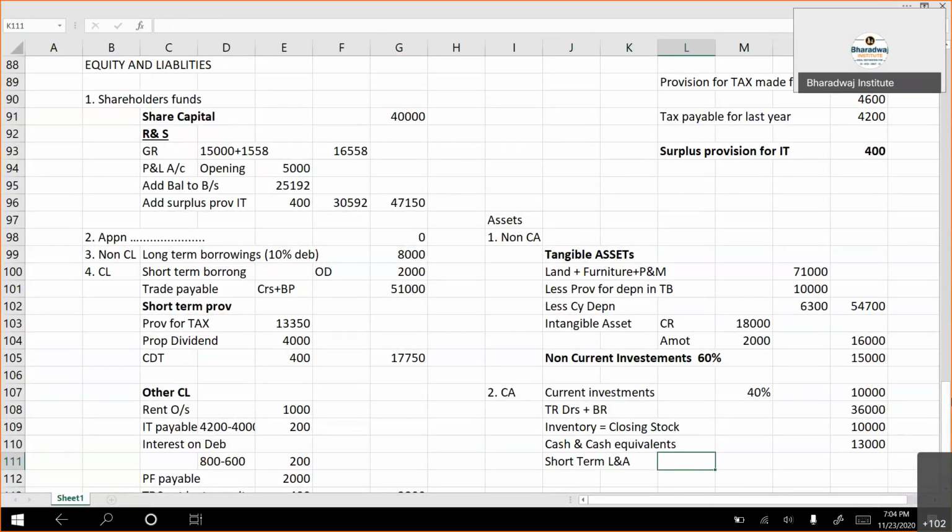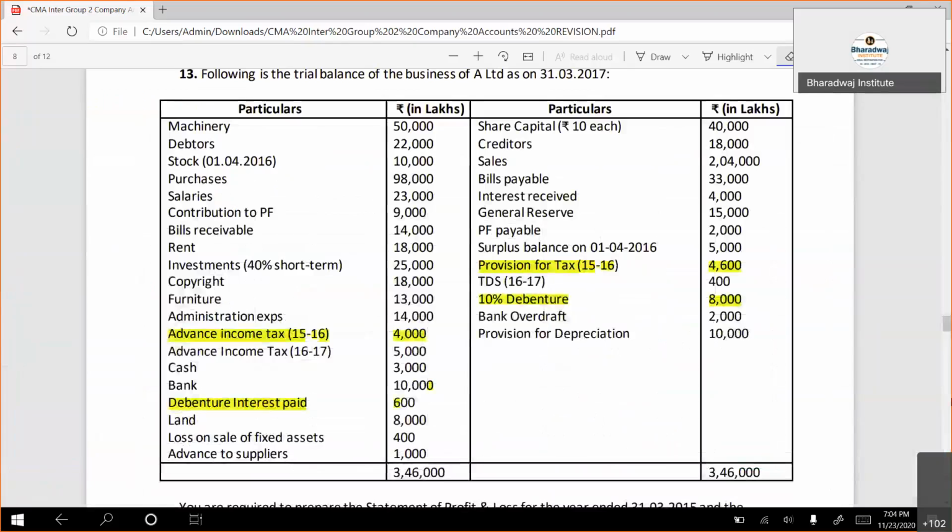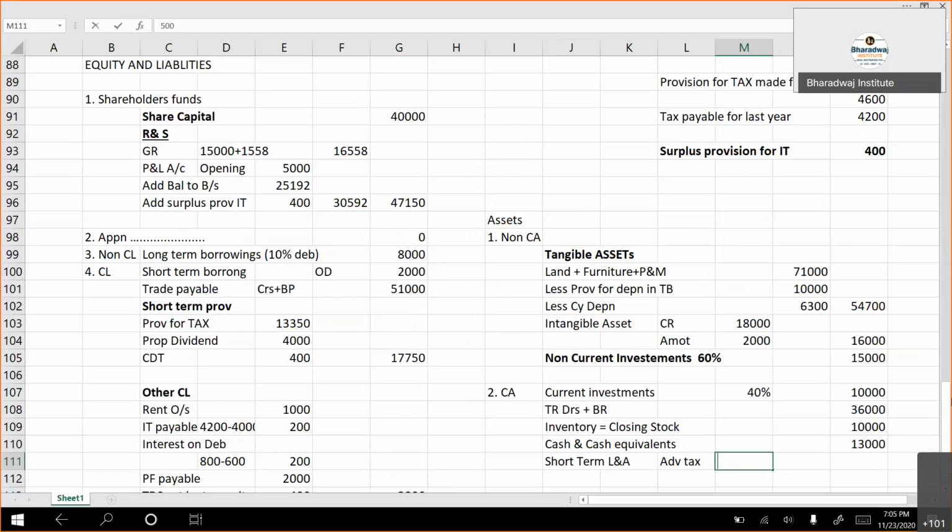What is the advance tax paid? What is the advance tax for the current year? No, advance tax for the current year. 5,000.